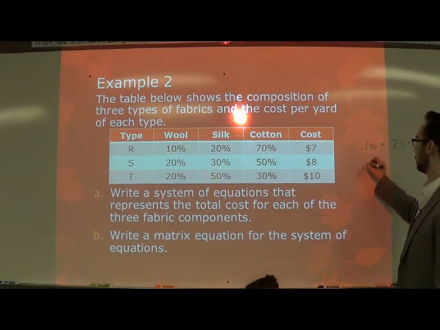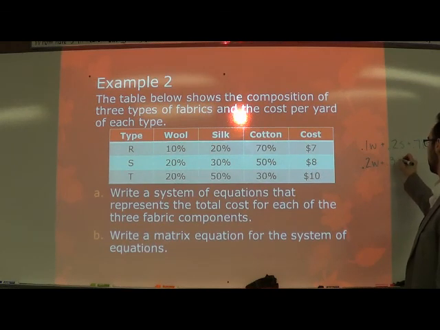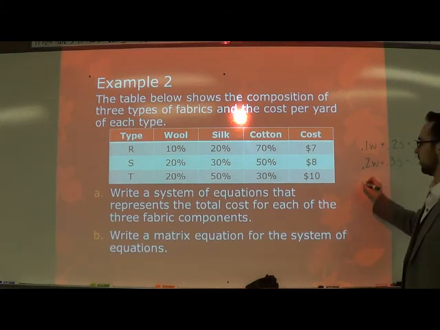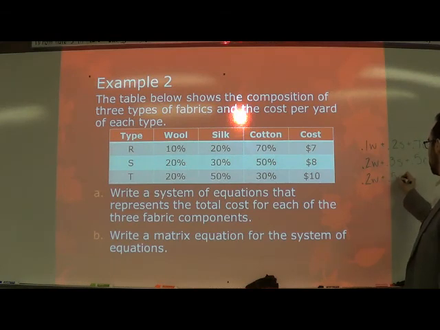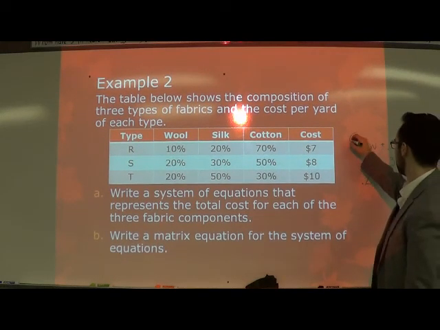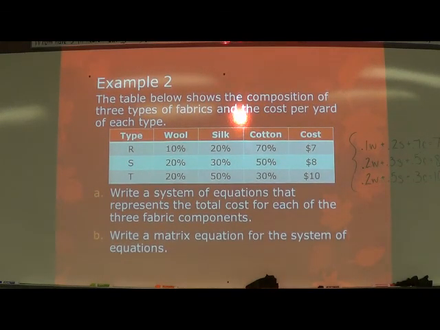So then we have 20% wool plus 30% silk plus 50% cotton, that's $8. And then when we have 20% wool plus 50% silk plus 30% cotton, it costs $10. And this is our system of equations. So it's a three variable system.